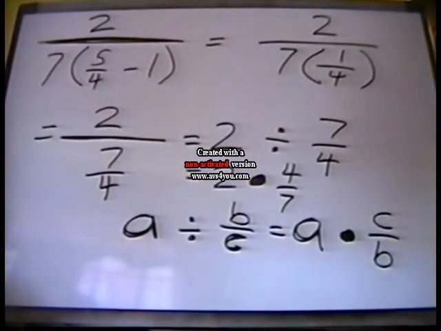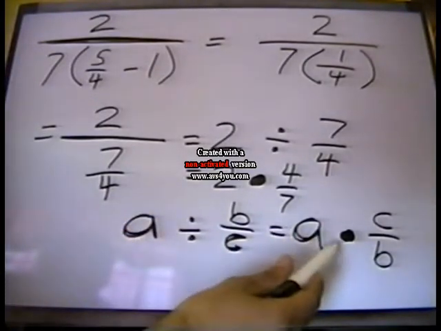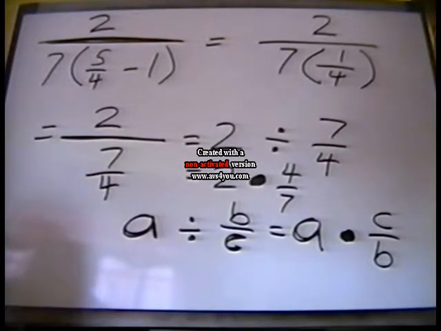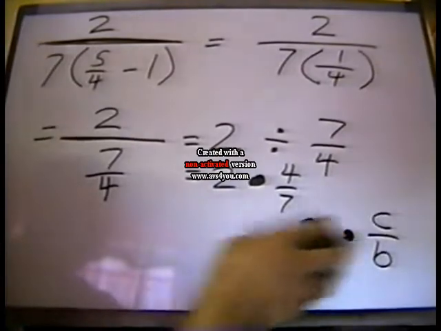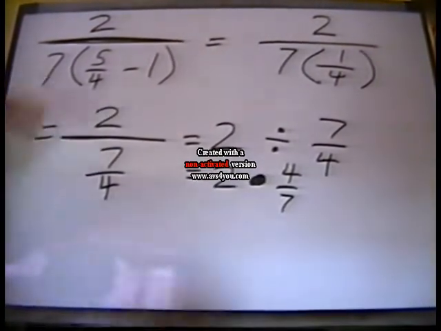See? 2 times 4/7. You should write this down because I'm about to erase it. And you should have it in the fractions video. Basically, it means anytime you're dividing by a fraction, that's the same as multiplying by the reciprocal of that fraction.